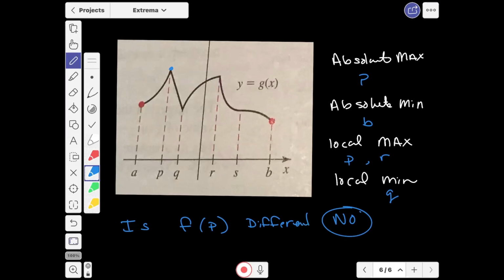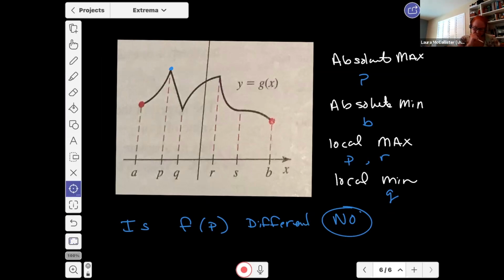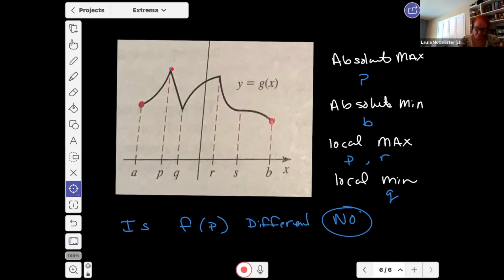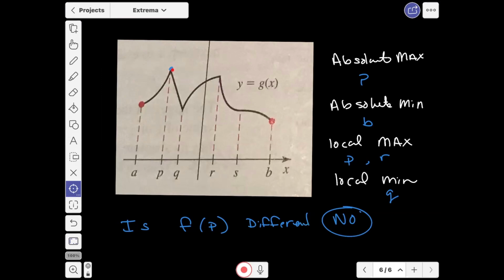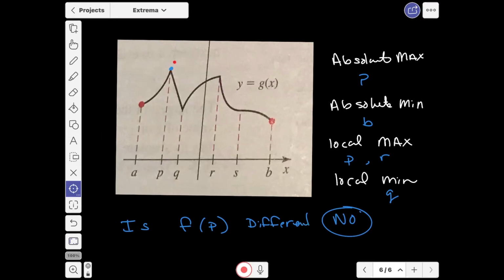Professor, let me get this straight. Just please talk it out, because it looks really easy, but it's not. Go ahead. Okay, so for the absolute max at P, it is the absolute max, just with the caveat that it's not differentiable. That's correct. But it still is the absolute max. Correct. But it's also the local max.